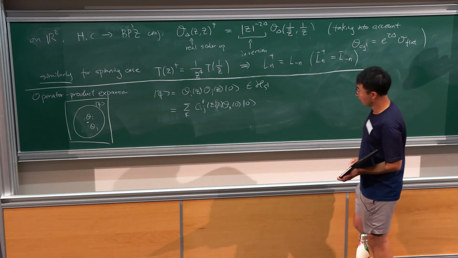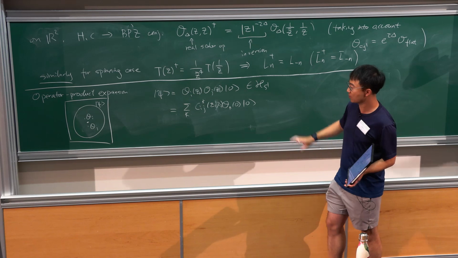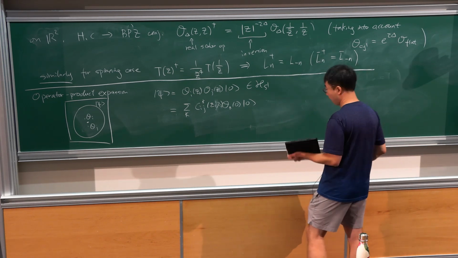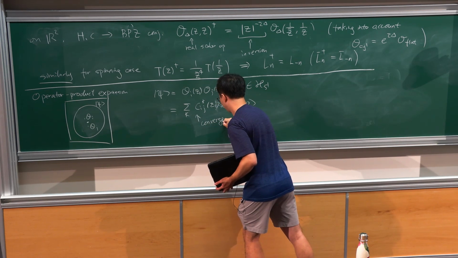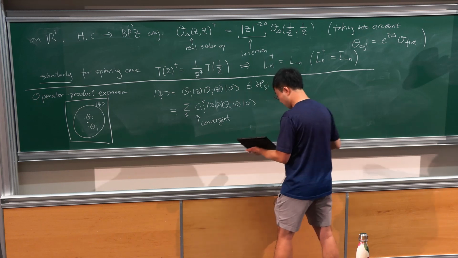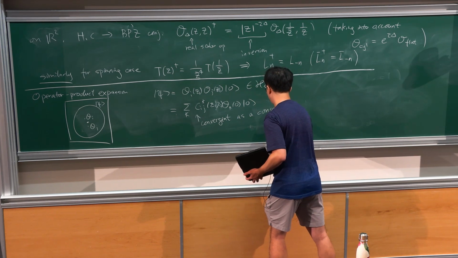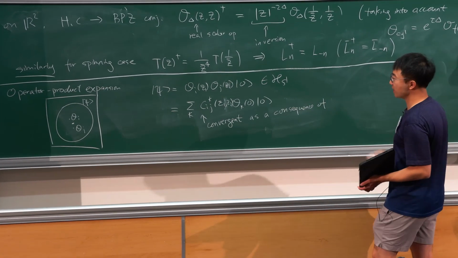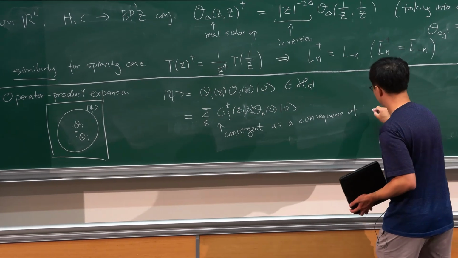Okay. And then you can ask, how rigorous is this sum? Does this sum make sense as a convergent expression? And this is indeed convergent, as a consequence of the fact that we have a Hilbert space, and this psi corresponds to a normalizable state in the Hilbert space.